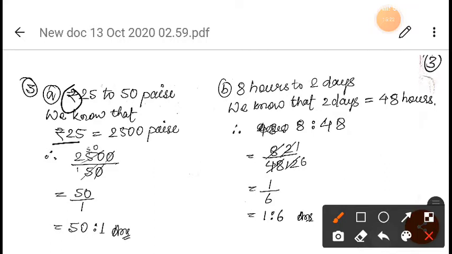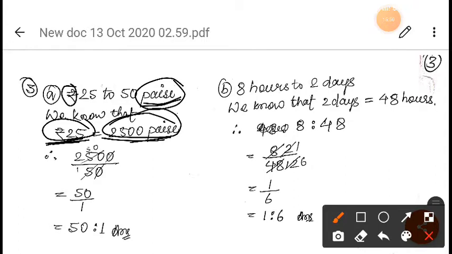So how do we convert this? The basic of doing this type of question is to make the unit similar. Here the unit is rupee, here the unit is paise, so we choose the one which is smaller. Paisa is smaller, so we will convert rupees into paise. So 25 rupees is equal to 2500 paise.